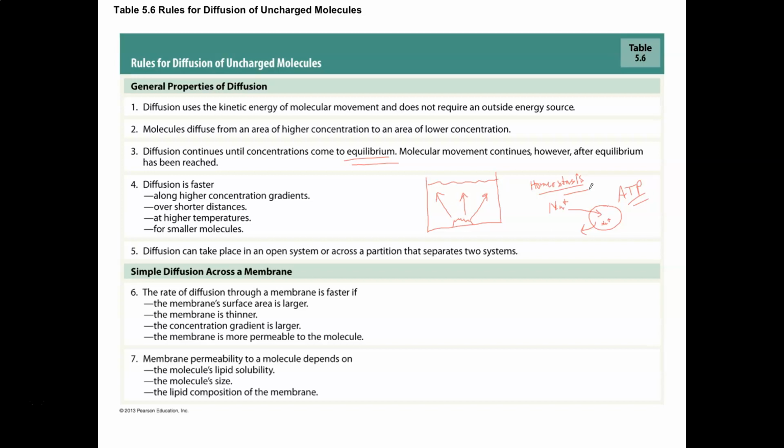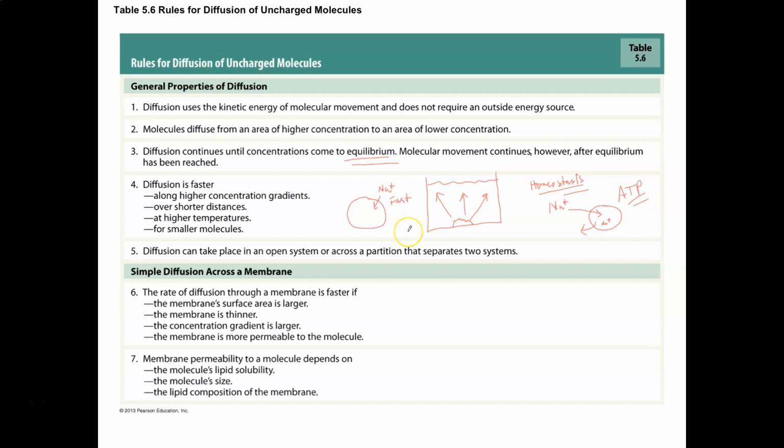Diffusion is rapid over short distances. It's going to be slow over long distances. So the shorter the distance, right? Again, if we have a cell and we're just looking at diffusion, let's say of sodium across the membrane, if it's a short distance, then the diffusion is going to be fast.